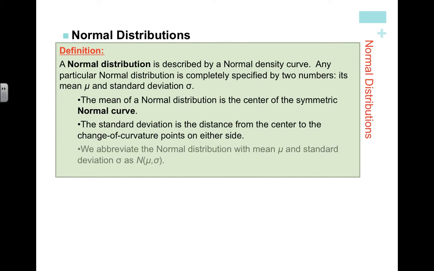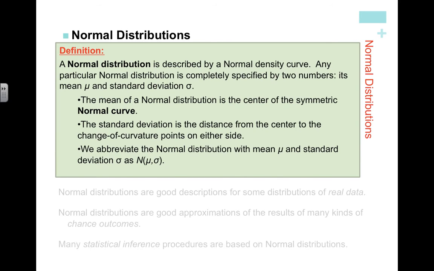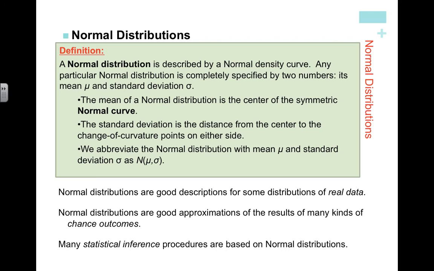The standard deviation is the distance from the center, and it's where your curvature points are. We abbreviate a Normal distribution as a capital N, and in parentheses you first notate its mean and then its standard deviation.